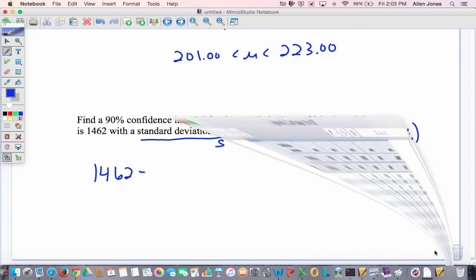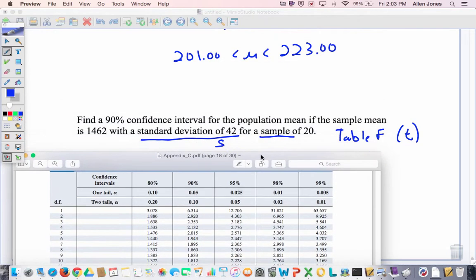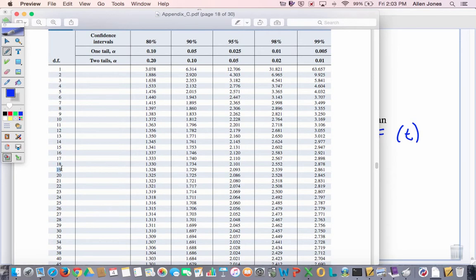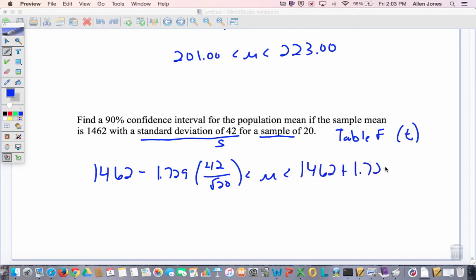We'll go to our table again. A sample size of 20 means I have 19 degrees of freedom. I want a 90% interval. So I go over from 19 to 90%, and that's 1.729. There's our t-score, 1.729. Sample standard deviation is 42, and our sample size is 20. So 1462 plus or minus 1.729 times 42 over the square root of 20.